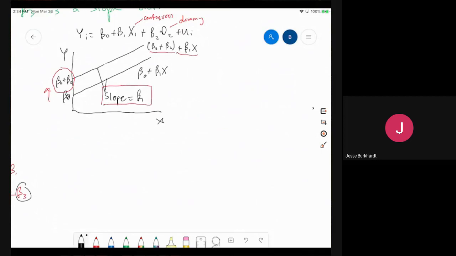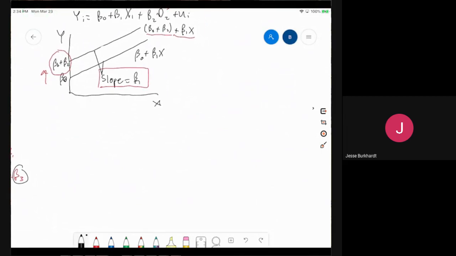Now let's look at a model where we have an interaction, and see how this changes.